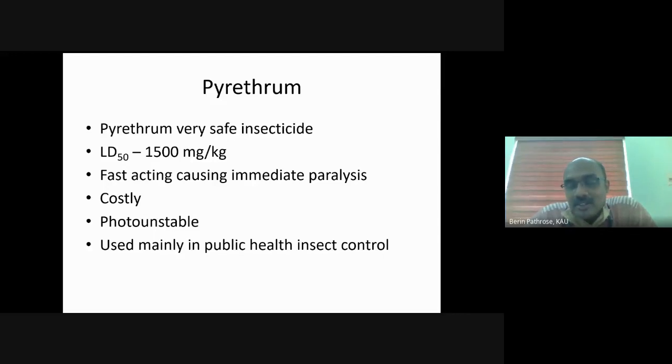Whenever we go to a rice field, usually in Kerala, farmers are highly obsessed with the spray of a pyrethroid, especially lambda cyhalothrin, as the first two sprays of insecticide in a rice field. They will spray within 2 weeks after transplanting, and again after 2 weeks they will go for a second spray of pyrethroids.